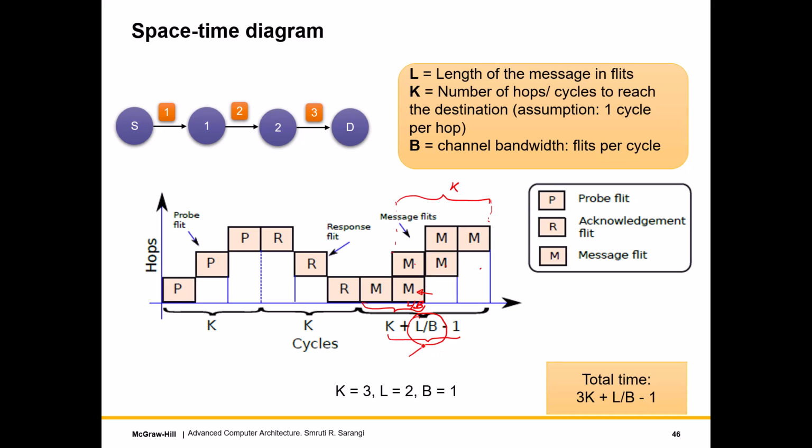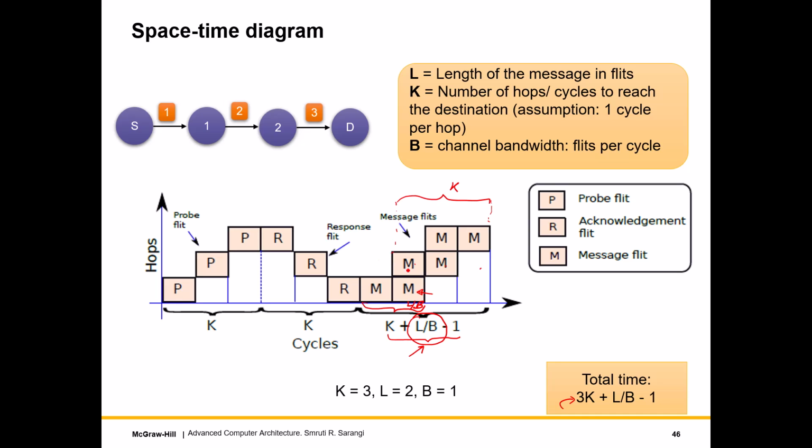Let's stick with the simplistic view that it is k plus L by B minus 1. It will hold for cases where we can send new flits every cycle. So the total time is 3k plus L by B minus 1, which again is a simplistic expression just for the sake and purpose of analysis.